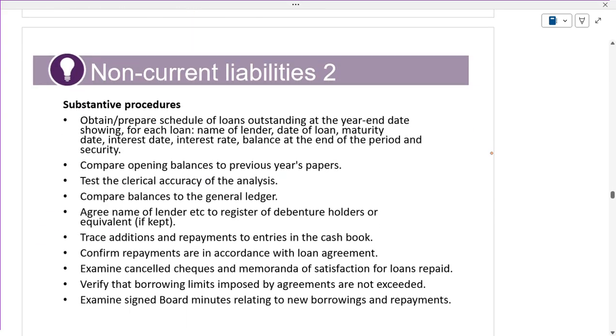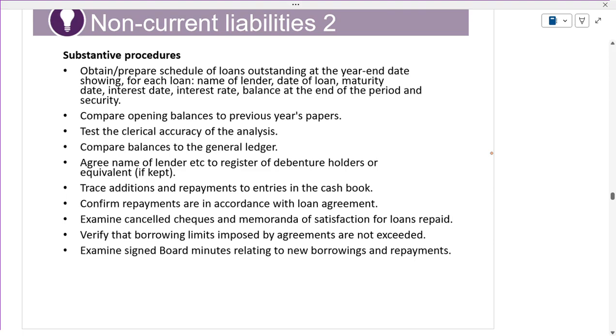What are the things we have to know? Obtain or prepare a schedule of loans outstanding. How much are the loans at the end of the year? For each loan, from where we have taken it: name of the lender, date of loan, maturity, interest rates. Different rates of interest will be there.